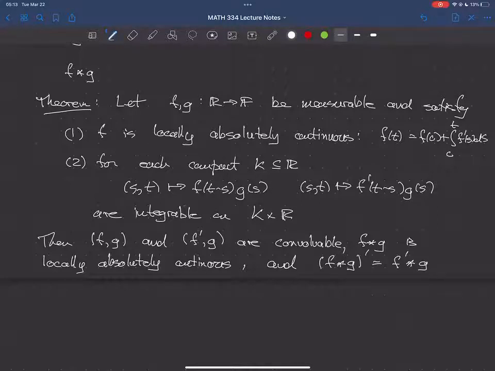Okay, and as you can kind of see by the hypotheses here, if you're familiar with Fubini's theorem, this is sort of a direct application of Fubini's theorem, and there's a kind of standard condition about swapping derivatives and integrals.